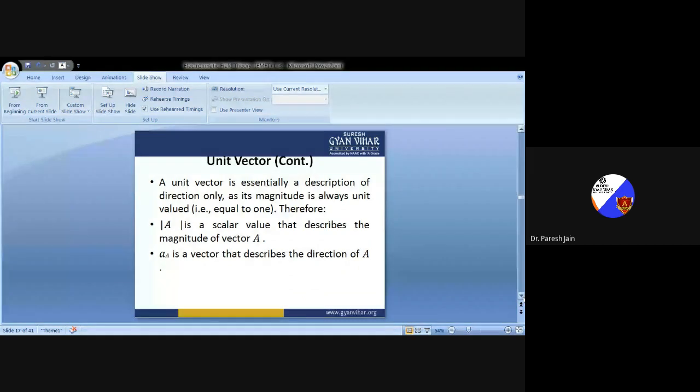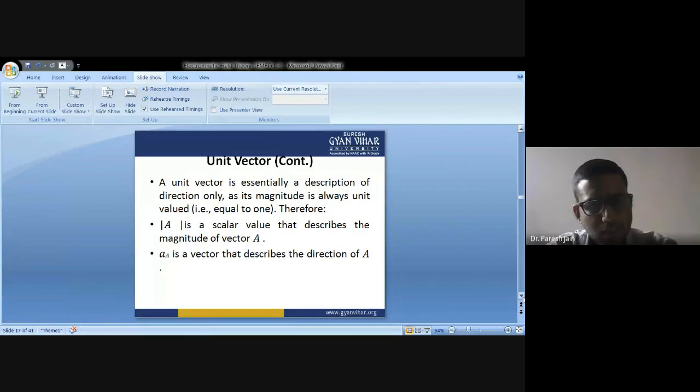So the new unit vector defines only the direction, which is the same as a, because its magnitude is always 1. That's why it's known as a unit vector.